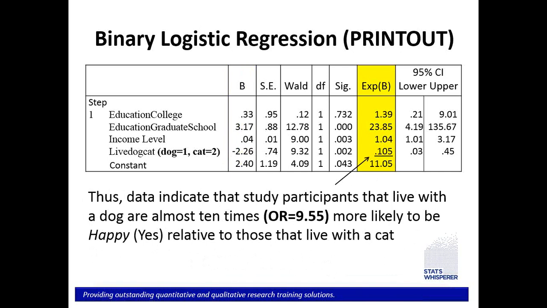Thus, the data indicated that study participants who live with a dog are almost 10 times more likely to be happy yes, relative to those living with a cat. So by dividing 1 by the odds ratio, we have a more interpretable number.